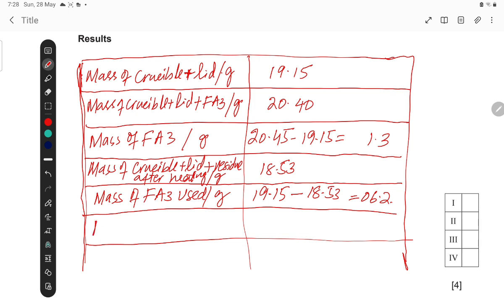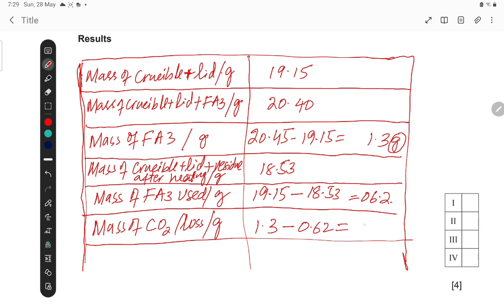The mass of carbon dioxide, or you can say mass lost, is in grams: 1.3 is the mass of FA3, and the mass of FA3 used, that is 0.62.